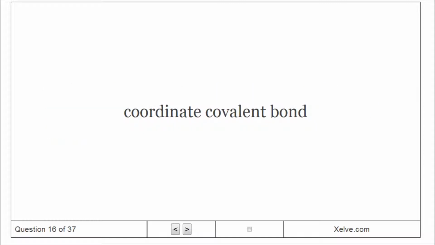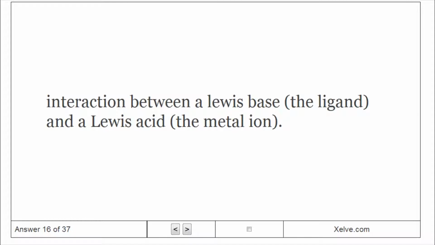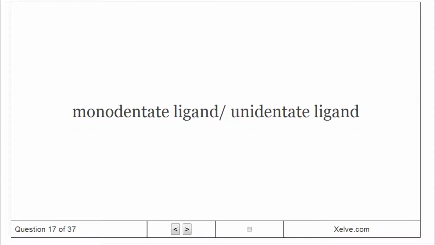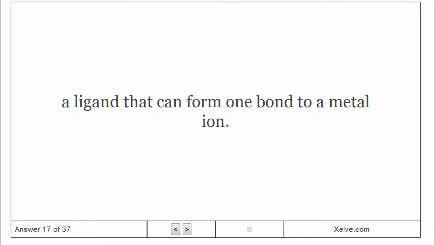Coordinate covalent bond. Interaction between a Lewis base and a Lewis acid. Monodentate ligand, unidentate ligand: a ligand that can form one bond to a metal ion.